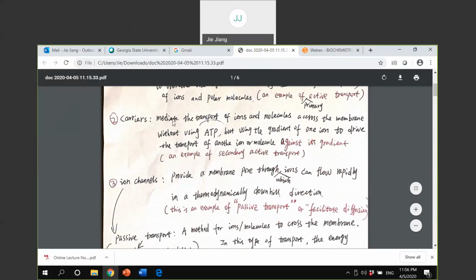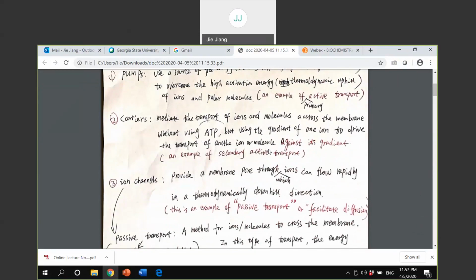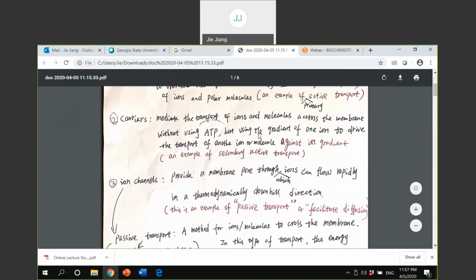So carriers will mediate the transport of ions and molecules across the membrane without using ATP, but using the gradient of one ion to drive the transport of another ion or molecule. So you won't use energy from ATP, but it will use the gradient. Later on, we will explain how this gradient can be generated.